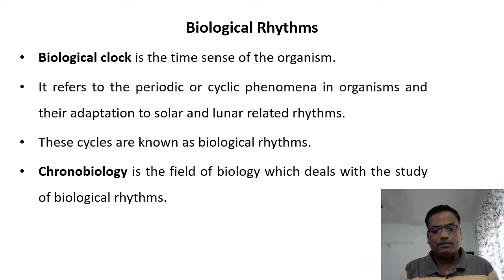So all the organisms, animals, plants, etc., are affected by these three events. And according to that, the lifestyle, I mean the behaviors, the activities, etc., are adjusted or modified or affected, whatever you can say.